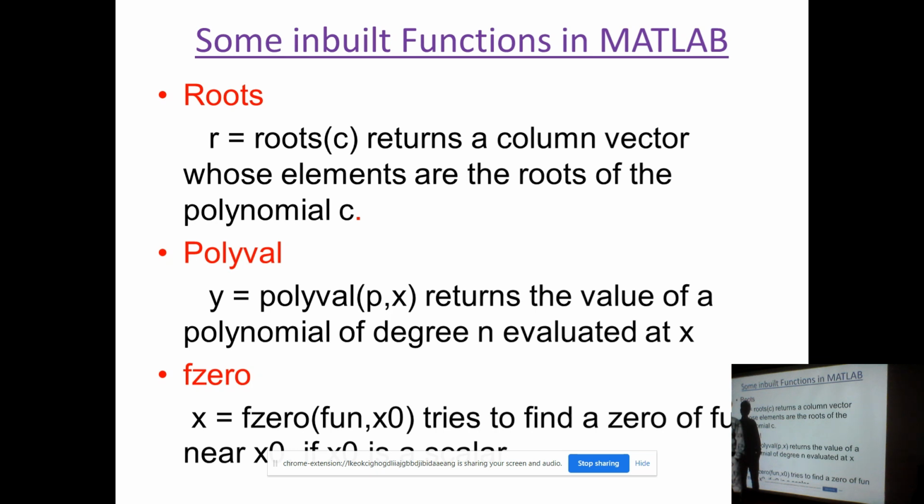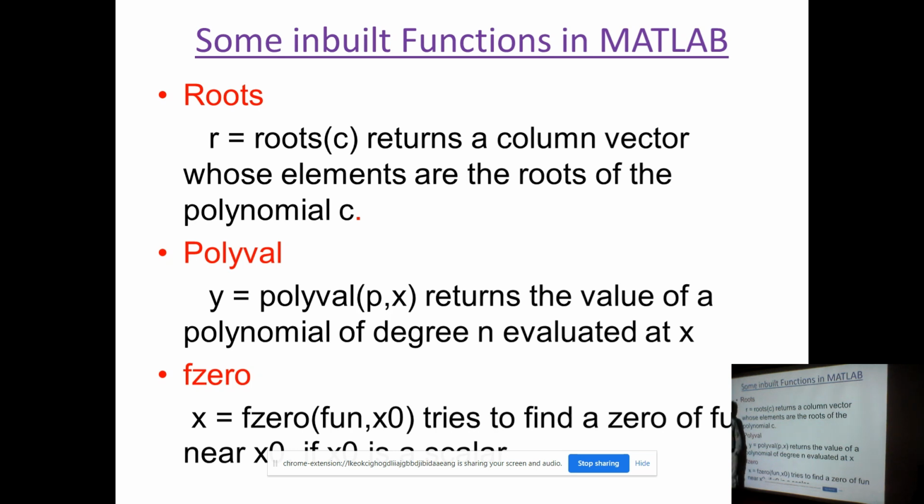What are the roots? Minus b plus or minus root over b square minus 4ac by 2a. We know that from 10th class standard algebra, where we can solve the roots. Very simple. But if the polynomial is of 10th order, 12th order, how do you estimate the roots? So a simple way is to use the roots function, which will give you the column vector of the roots of the given polynomial. Okay, so that is the first function.